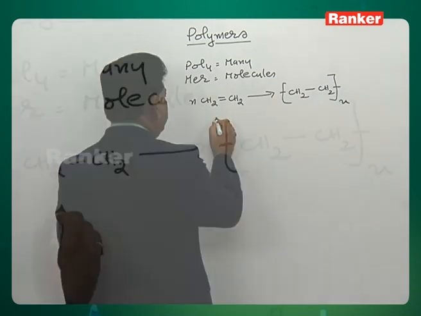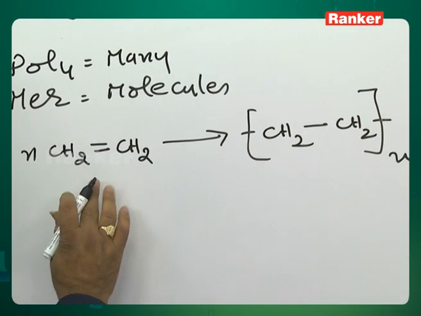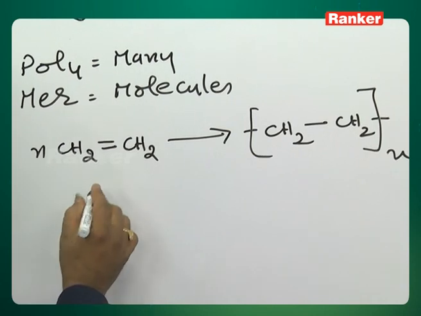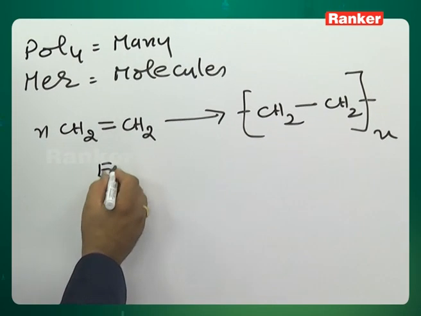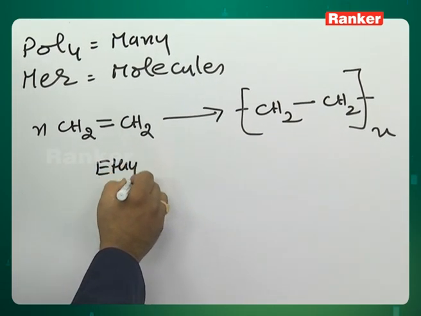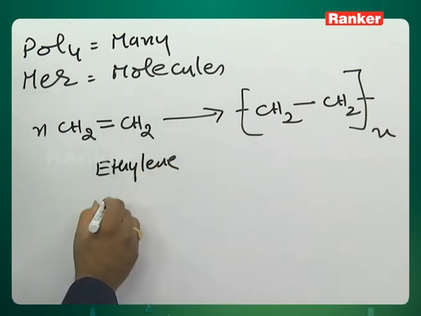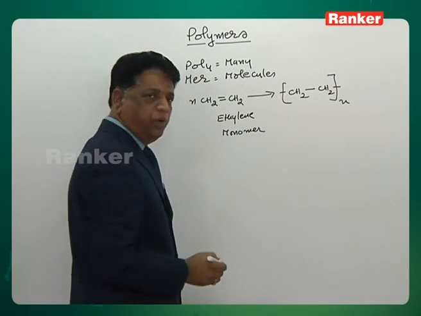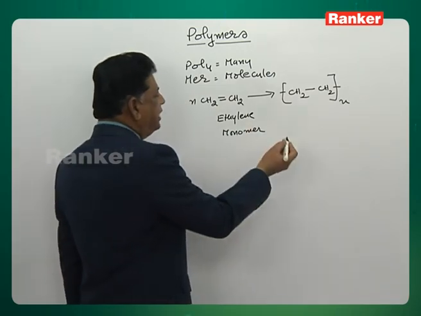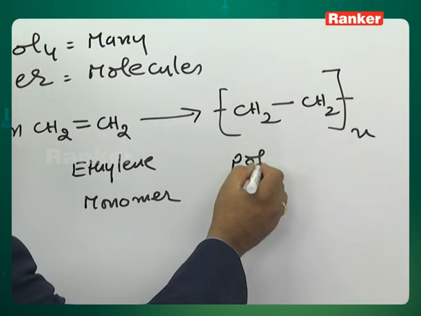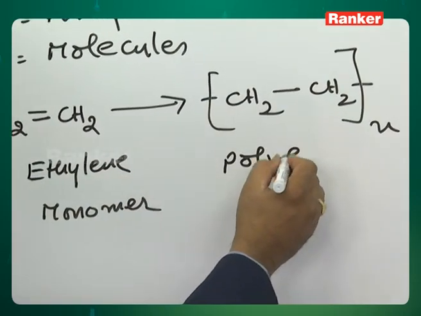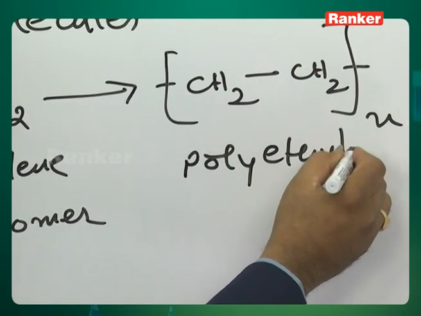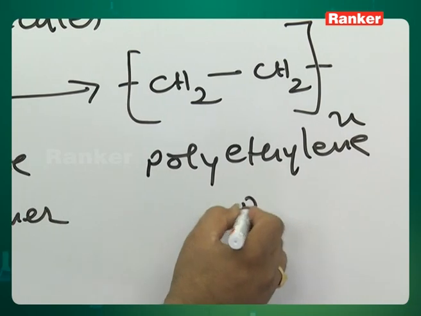The starting material, ethylene, we call the monomer. The one which gives the polymer is called the monomer, and on polymerization its name will be poly and ethylene, polyethylene, also called polythene.